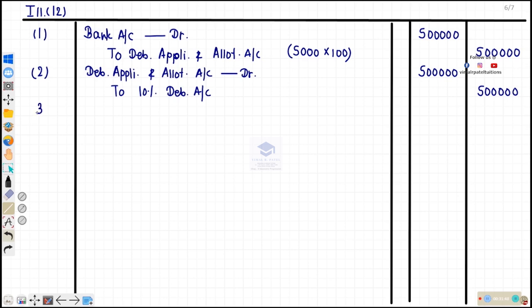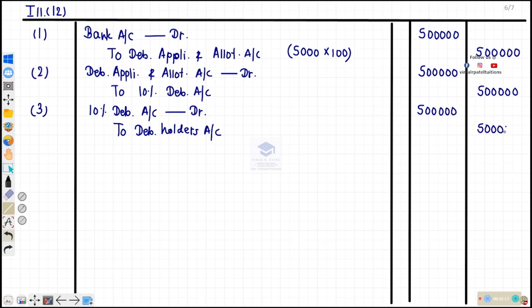Now at the time of redemption. 10% debenture account debited to debenture holder, five lakh.